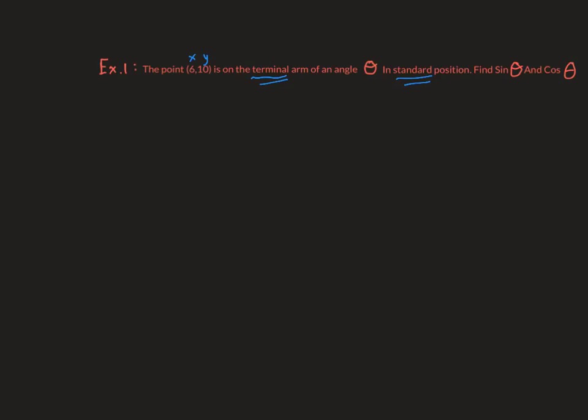Now, there's two different ways you can do this. The first way, method one, would be to graph it. Obviously some people don't prefer this, but let's take a look at it anyways. If I graph this, I know that (6, 10) is my terminal arm, which means 1, 2, 3, 4, 5, 6, and 1, 2, 3, 4, 5, 6, 7, 8, 9, 10.